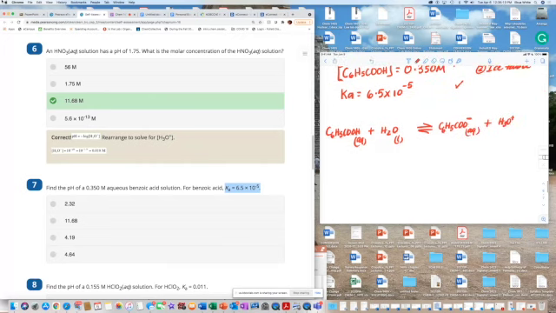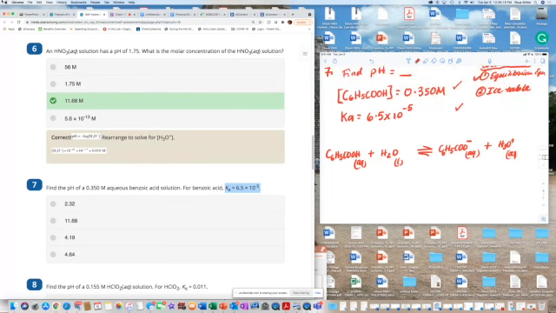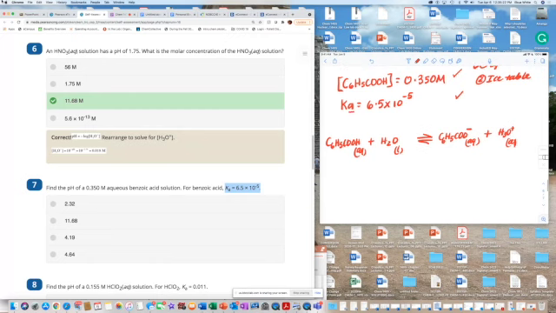I know that it's a weak acid. How do I know? They also gave me a Ka, right? So my Ka for this, I'm going to write here real small, 6.5 times 10 to the negative 5. Hopefully you can see that number right there. So my equilibrium equation goes with that Ka.